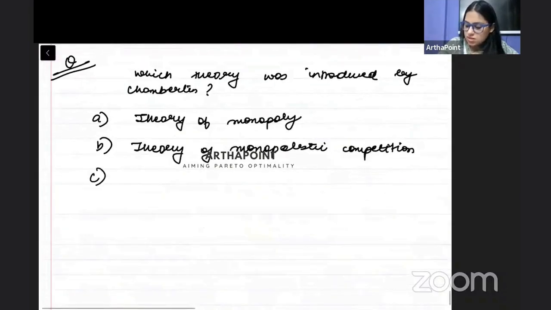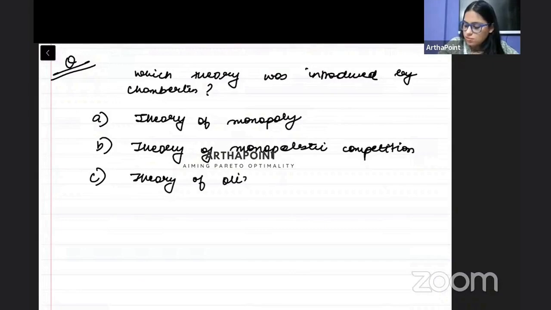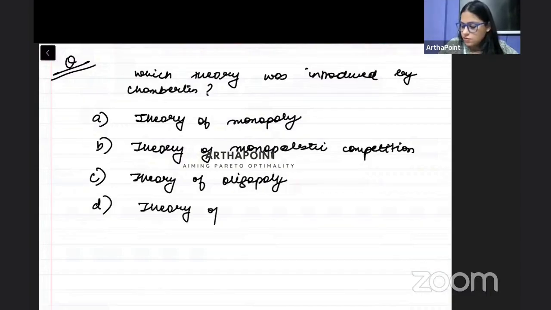Option number C, theory of oligopoly. Option number D, theory of perfect competition. Which theory was introduced by Chamberlain? Monopoly, monopolistic competition, oligopoly, or perfect competition?